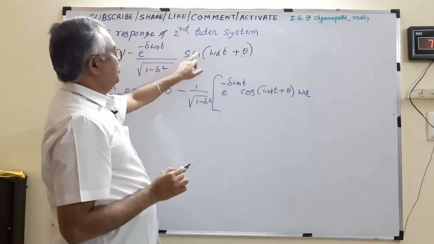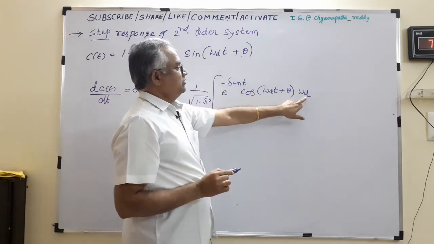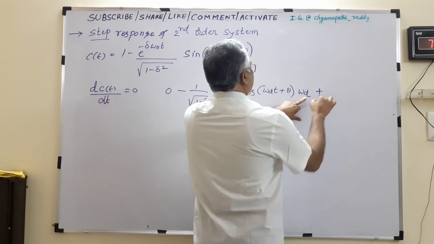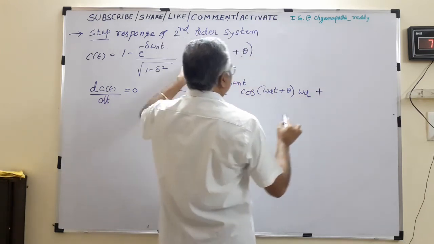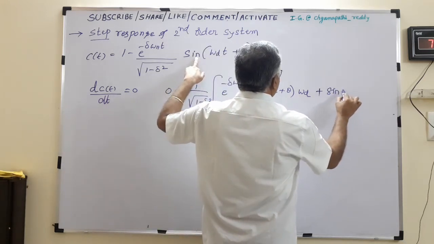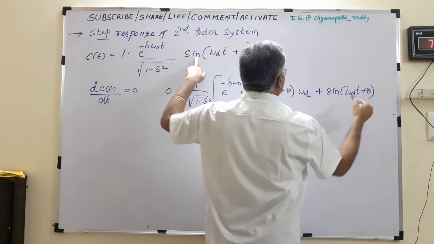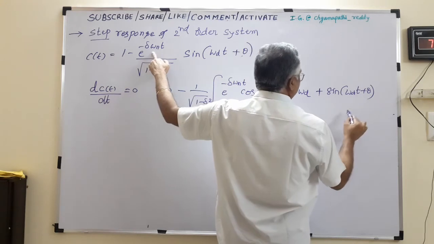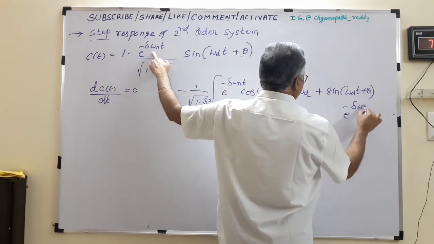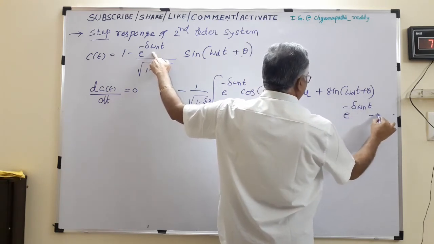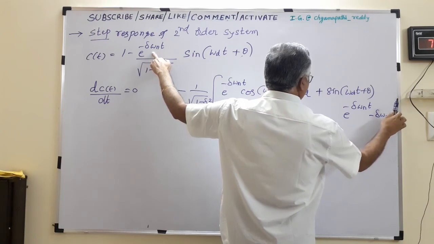Derivative of sin is cos, you get omega d, plus sin of omega d t plus theta, then e power minus delta omega n t times minus delta omega n.